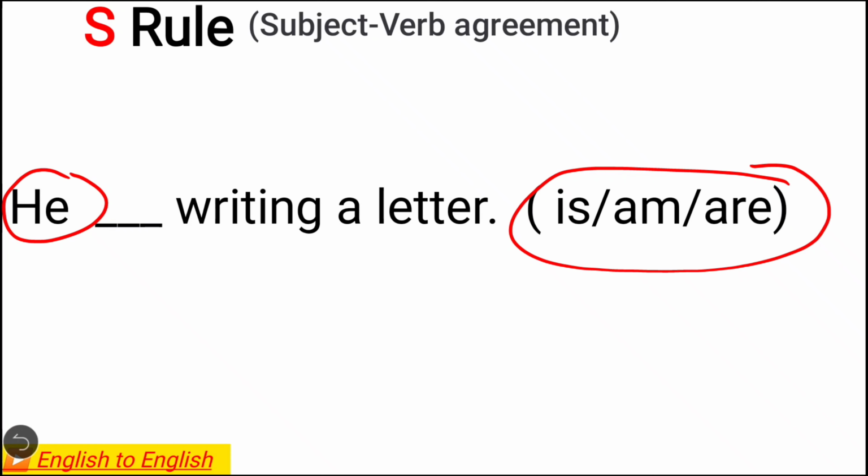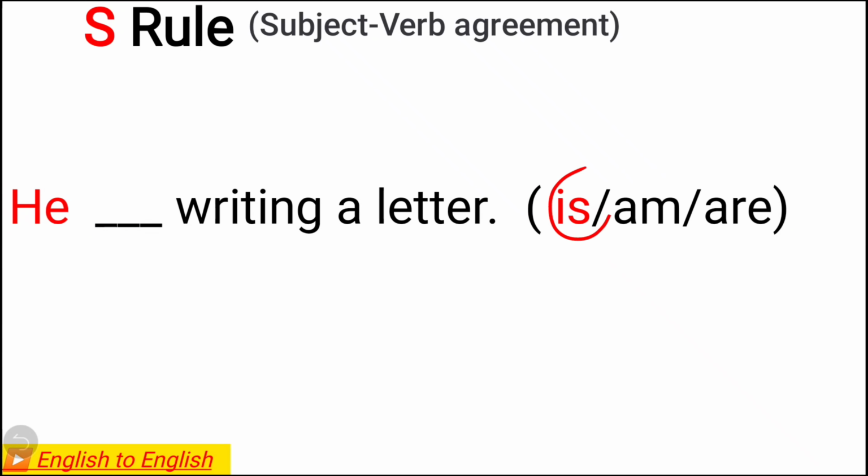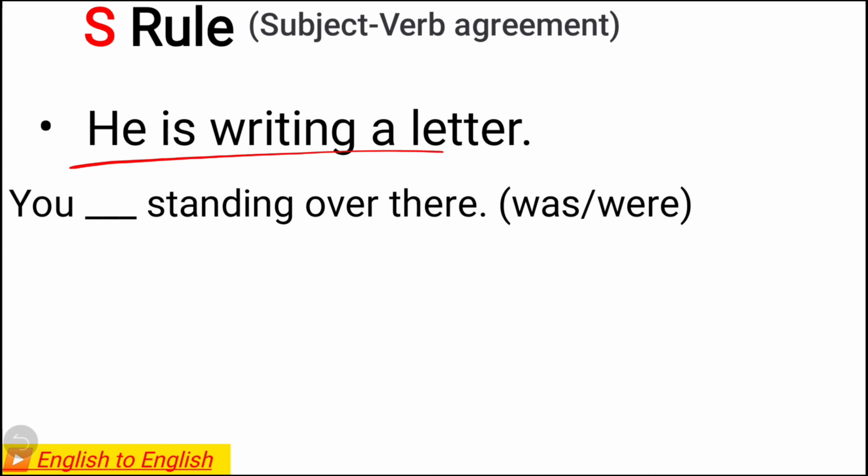Okay, so we got S, and we have to use such a helping verb that contains S. Am is not containing S, are doesn't. So what do we have to use? We have to use is, because it includes S at the end of this word. You can see S. So we have to match them. He is also singular and this is also a singular helping verb. So this dash will be changed into is. So our sentence will be, he is writing a letter.